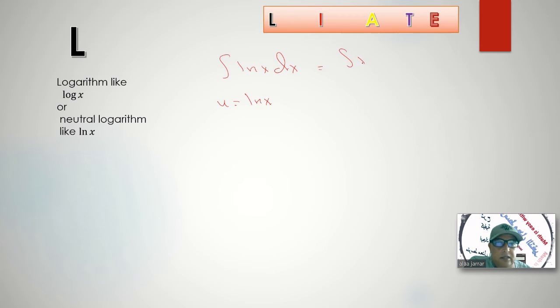We can write this function as ln x times 1 dx, and 1 dx will be dv. But if I have x ln x dx, also I will put u equal ln x and dv equal x dx.